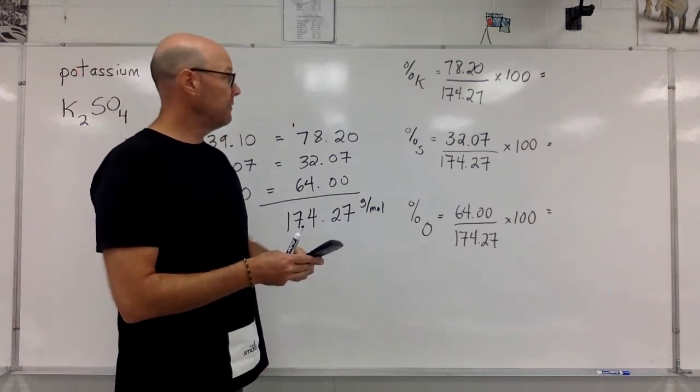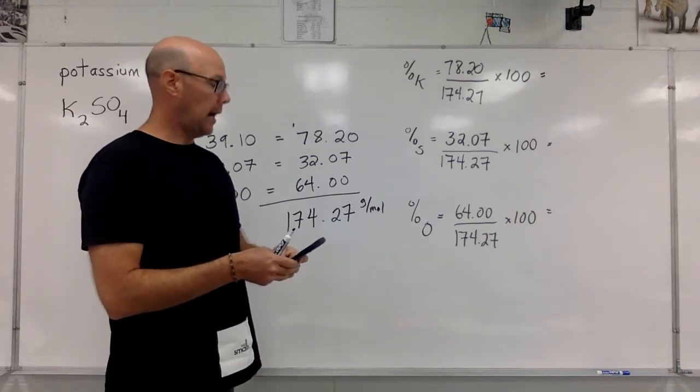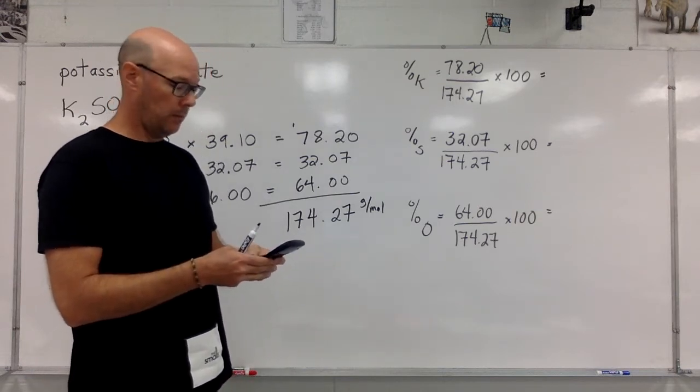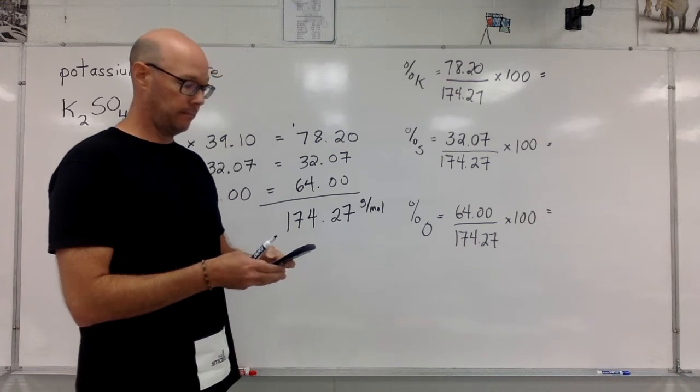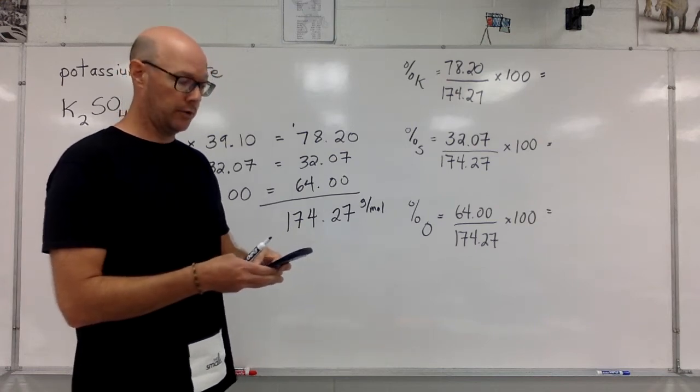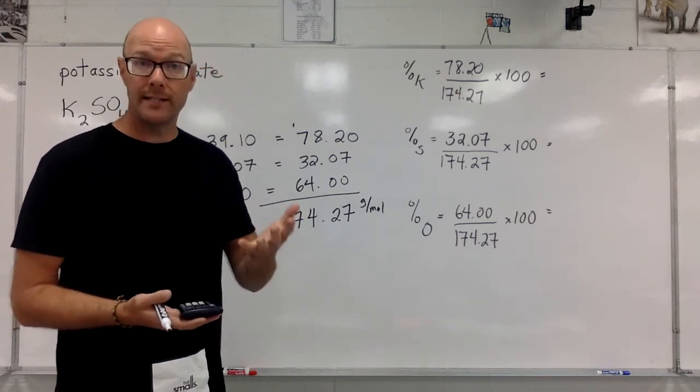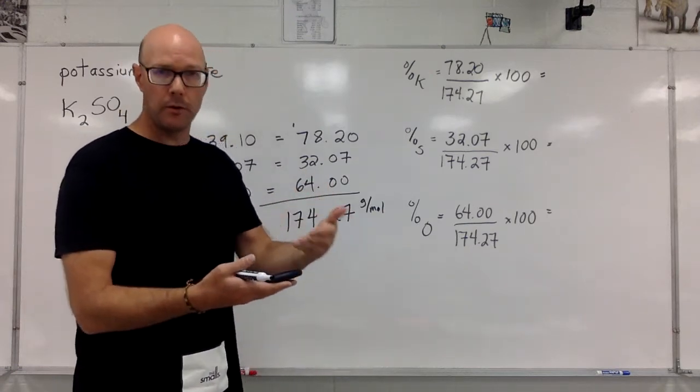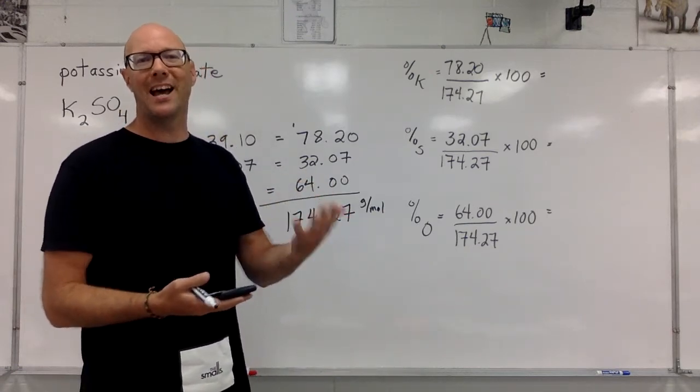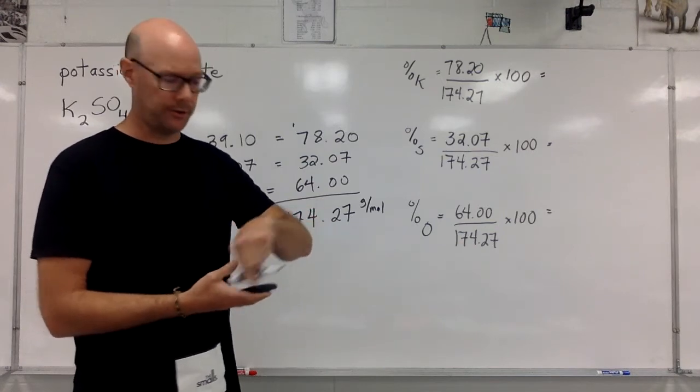I have 78.2 out of 174.27 multiplied by 100. Again, I'm going to not write down the raw answer. I'm just going to look at the raw number on my calculator screen and round it off to 2 decimal places.